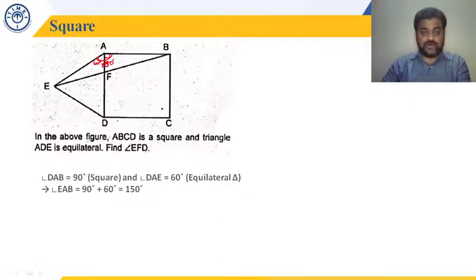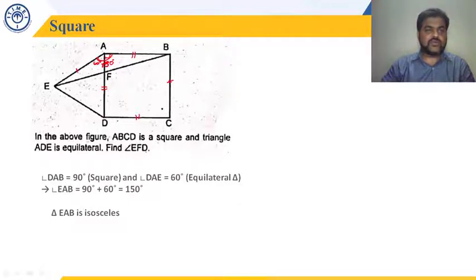Okay, let's look at the next step. Triangle EAB is isosceles. Look at triangle EAB. It will be isosceles. How come it is isosceles? Because all these four sides are equal, because these are sides of the square. And for this equilateral triangle AED, AD is one of the sides, and in an equilateral triangle all the sides are equal.